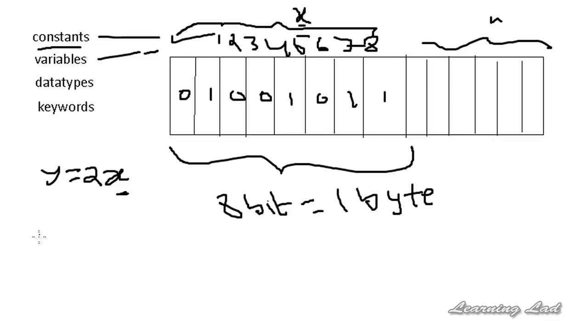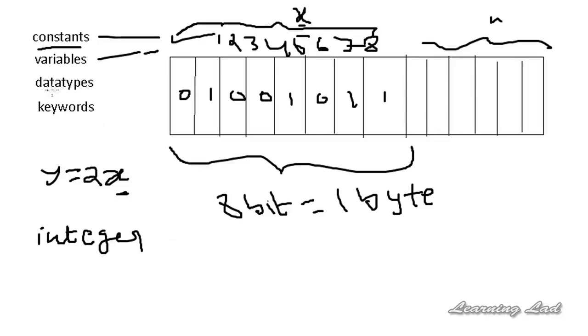We have integer data types, which refer to the integer constants. We have character data types, which refer to character constants. We have floating point, we have boolean, and one special data type called void, which is normally used with functions just to indicate that a particular function is not going to return any values, which we're going to learn later in the tutorials on functions.